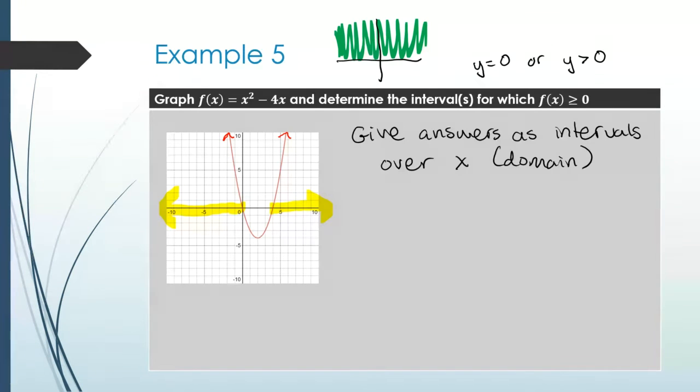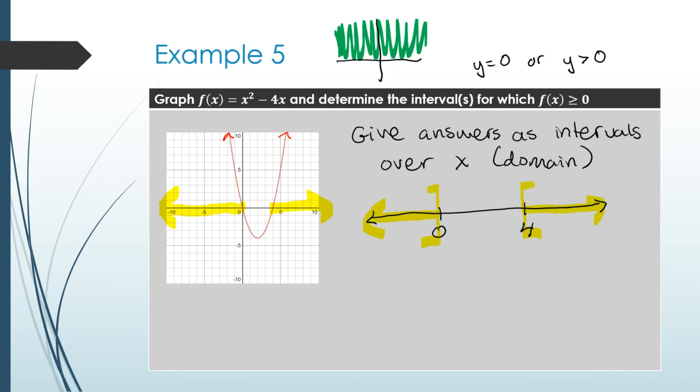So I'm going to make a number line here. And I have 0 and 4. Those are the two spots where I'm equal to 0 according to my graph. And then I'm shading the left and right of each of those. And if they're equal to 0, that means I have brackets. So I end up with two separate sections, which means we have two intervals.